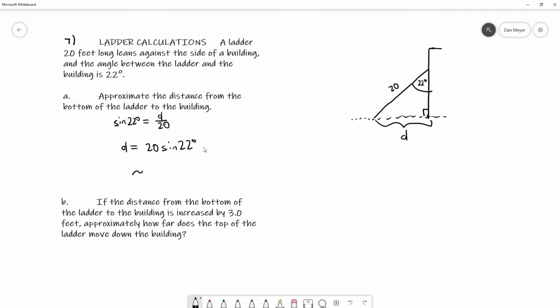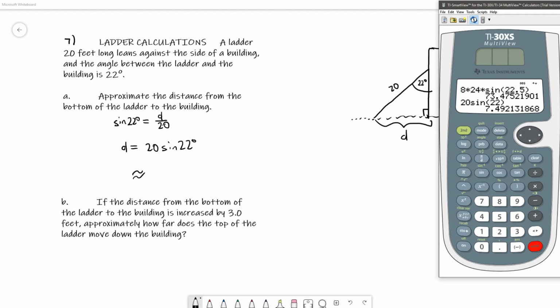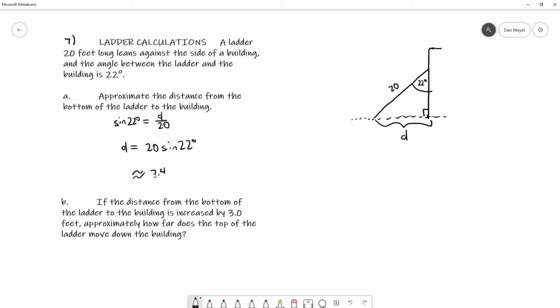I know it's arbitrary. 7.492. 7.492 feet. All right. So that one was pretty straightforward once we got our picture drawn.